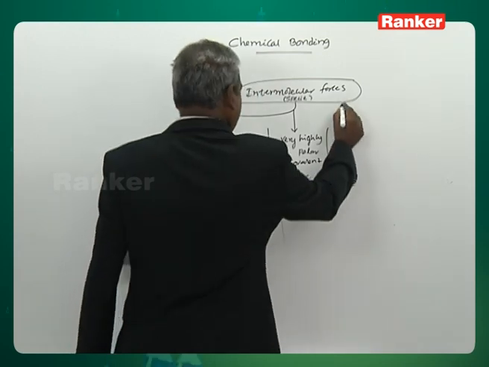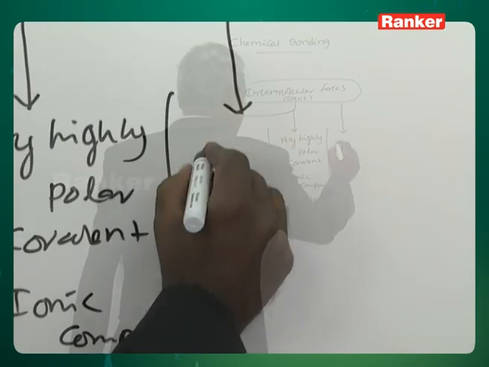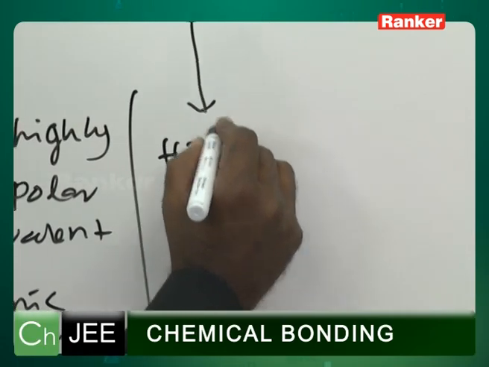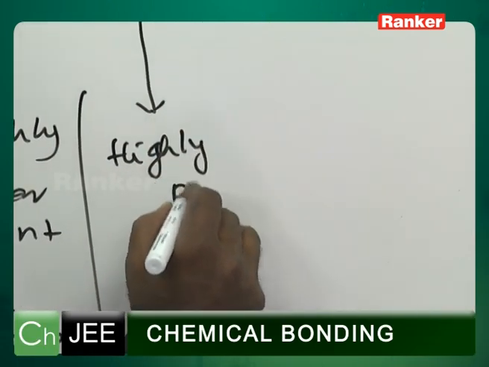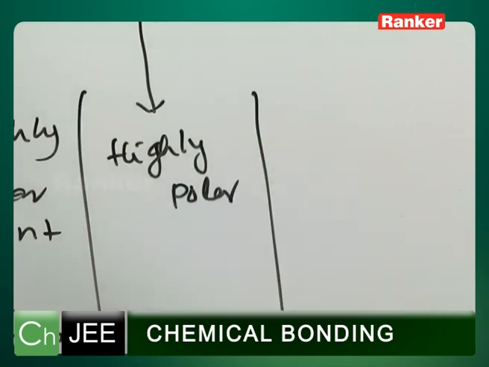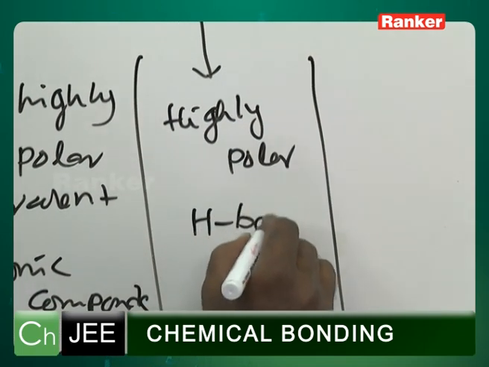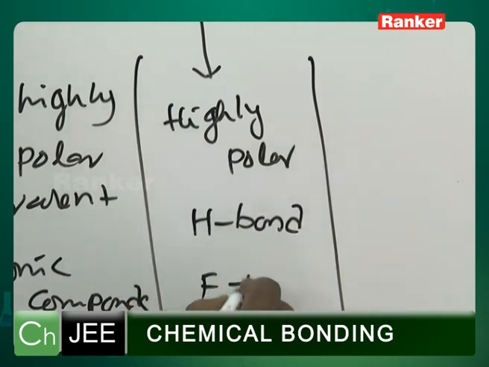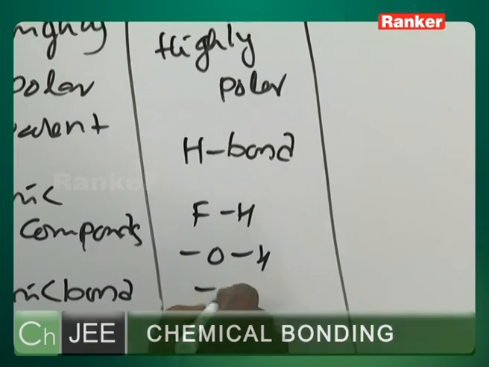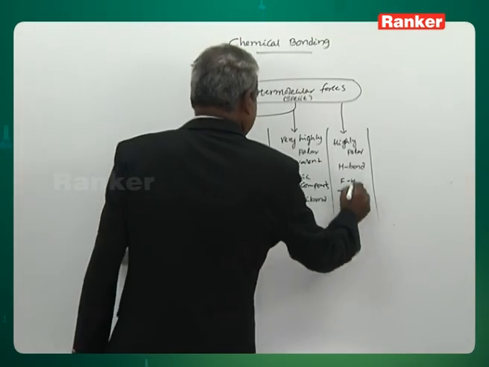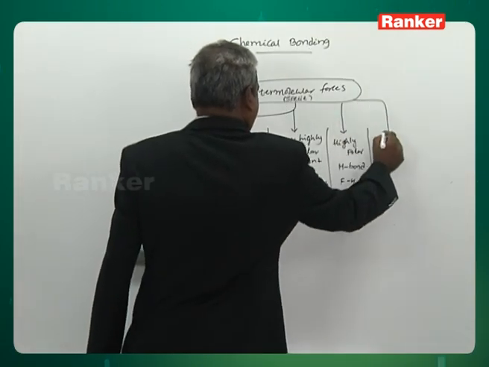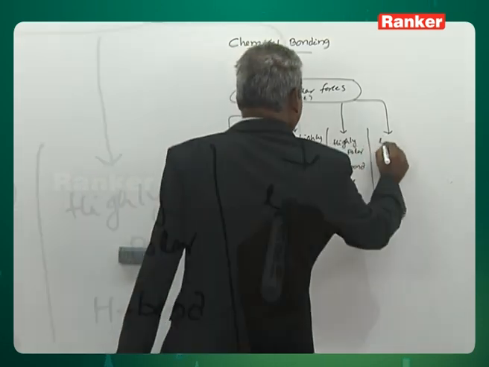Then highly polar attractions, which is called hydrogen bond, and you will find hydrogen bond only when FH, OH and NH are there. And the last one being less polar or non-polar.